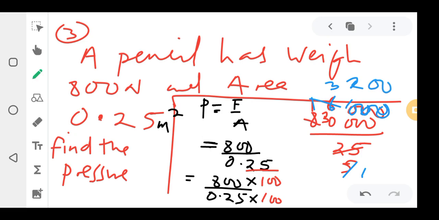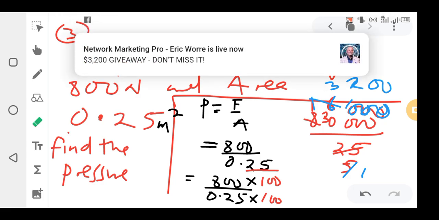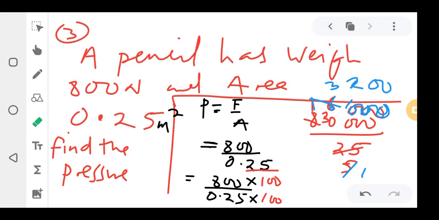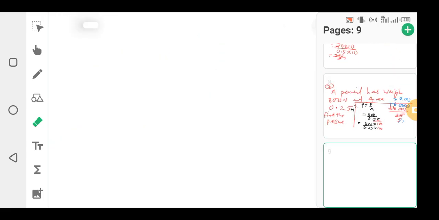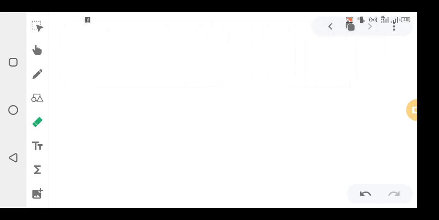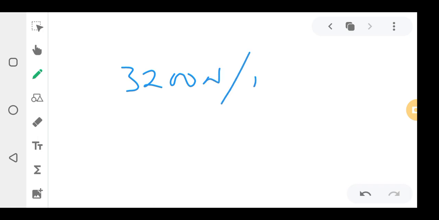So our answer is 3,200. Our answer is 3,200 newtons per cubic meters. That is the answer we found.